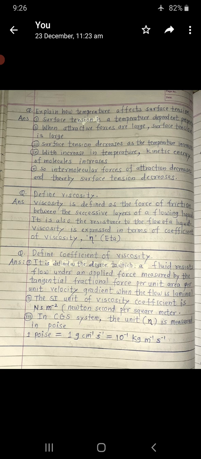Next, second last point, define viscosity. Viscosity is defined as the force of friction between the successive layers of a flowing liquid.